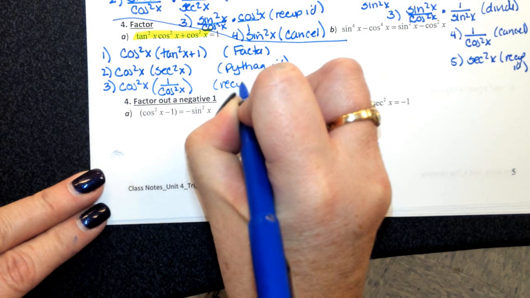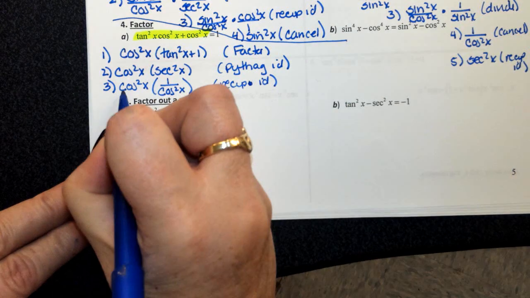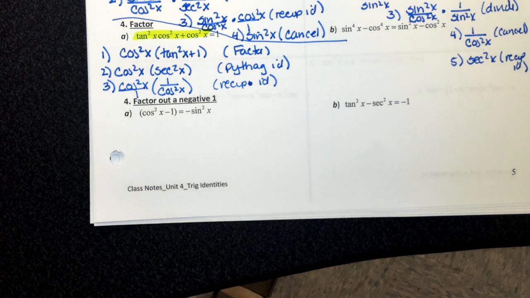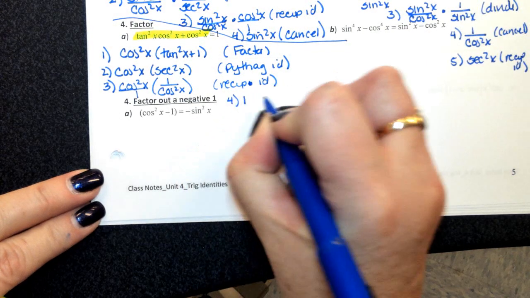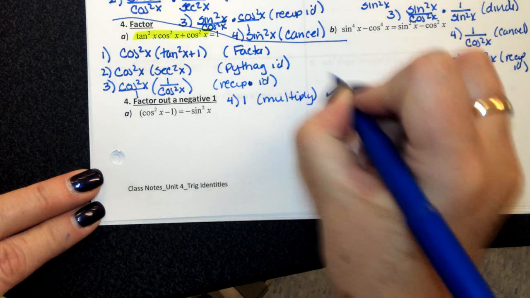And again, that's my reciprocal identity. Remember, cosine squared is actually a fraction over 1. What happens when I multiply cosine squared x over 1 times 1 over cosine squared? That's going to give me a what? 1. And notice that's what I'm trying to get to. I'm done.